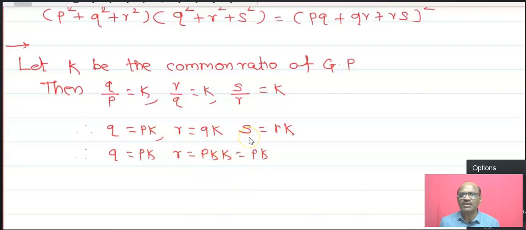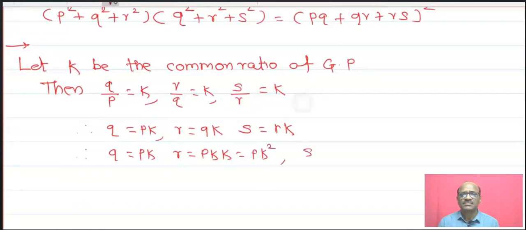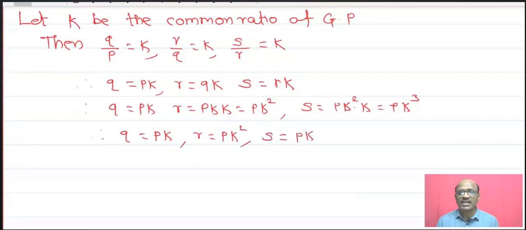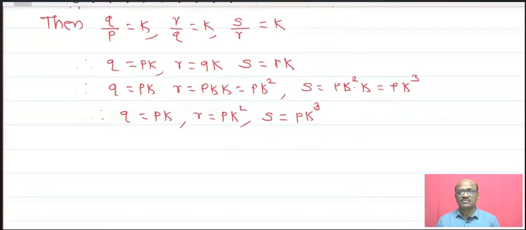And the value of S is, now see this here, S is equal to Pk square into k, that is Pk cube. Therefore, Q is equal to Pk, R is equal to Pk square, and S is equal to Pk cube.